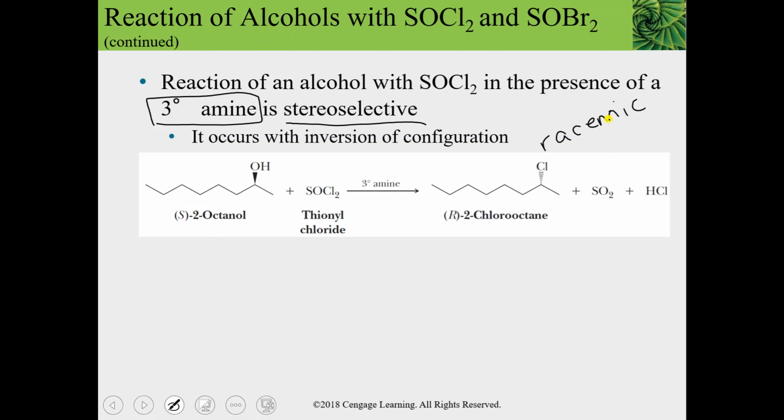If one is wedged, the other could be dashed, etc. So if we have a wedged hydroxyl group, then our product with a tertiary amine is going to be a dashed chloride.